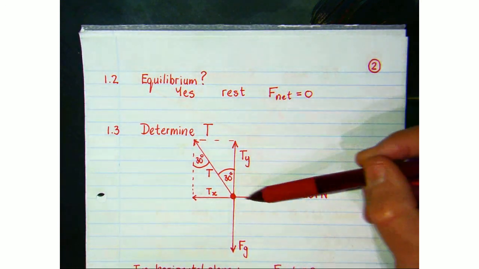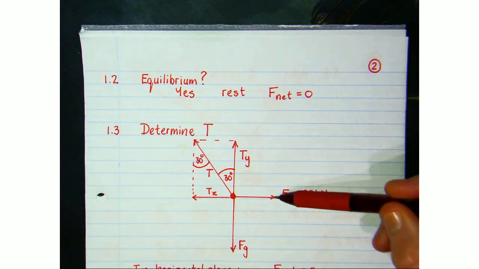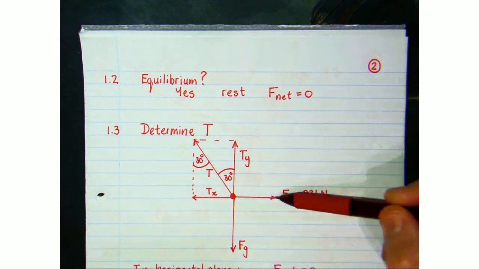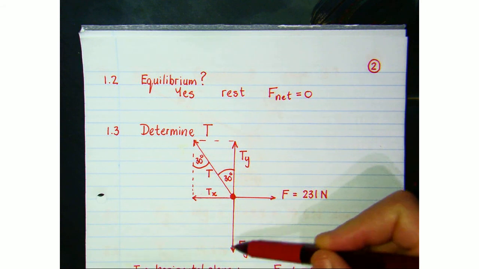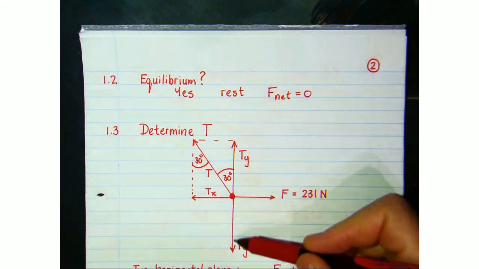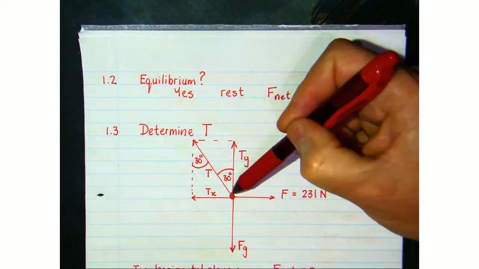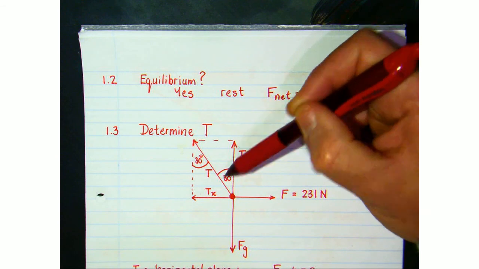So this force over here is already in the horizontal plane. We don't need to find its components. That is its component in the horizontal plane. The weight is in the vertical plane, so we don't have to do anything with that. But it's this tension force that isn't acting in either of these planes yet.